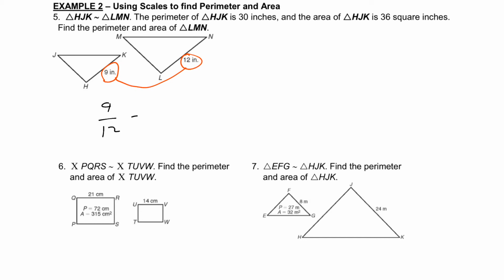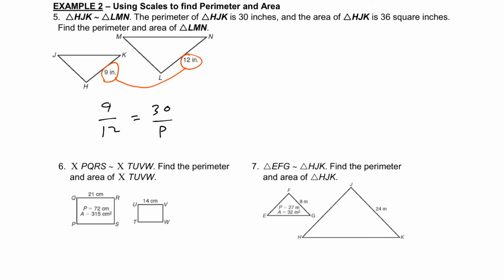We're going to set that equal to, well, we know the perimeter of our small triangle right here is 30 inches. So that's going to go on top. It's going to give us 30 over, and we're solving for the perimeter of the large triangle, so let's call that P. Now we can solve this proportion exactly like it is, or we could reduce this to get the reduced form of our scale factor.